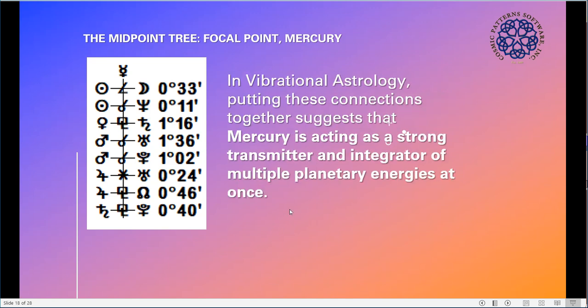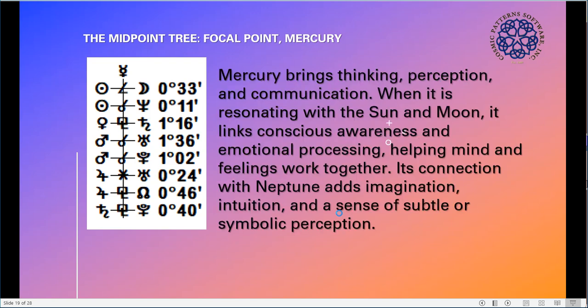Okay, now in vibrational astrology, putting these connections together suggests that Mercury is acting as a strong transmitter and integrator of multiple planetary energies at once. This is really, really very powerful. Now, in vibrational astrology, Mercury brings thinking, perception, and communication.